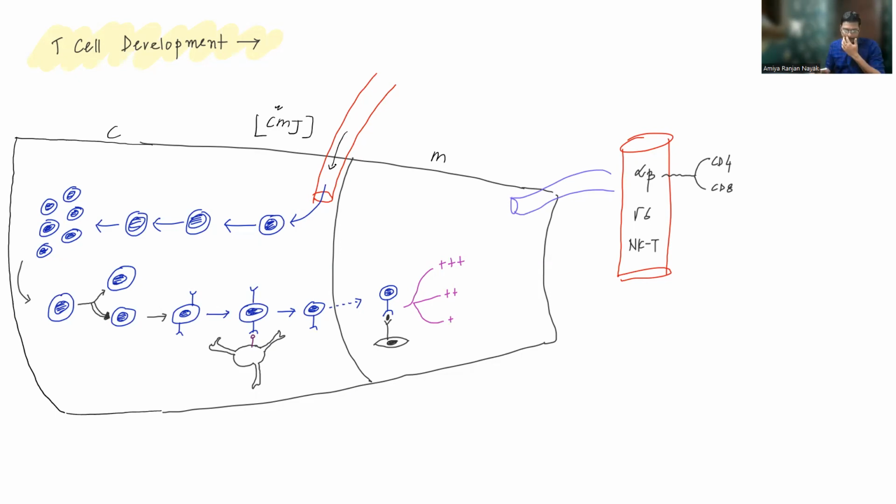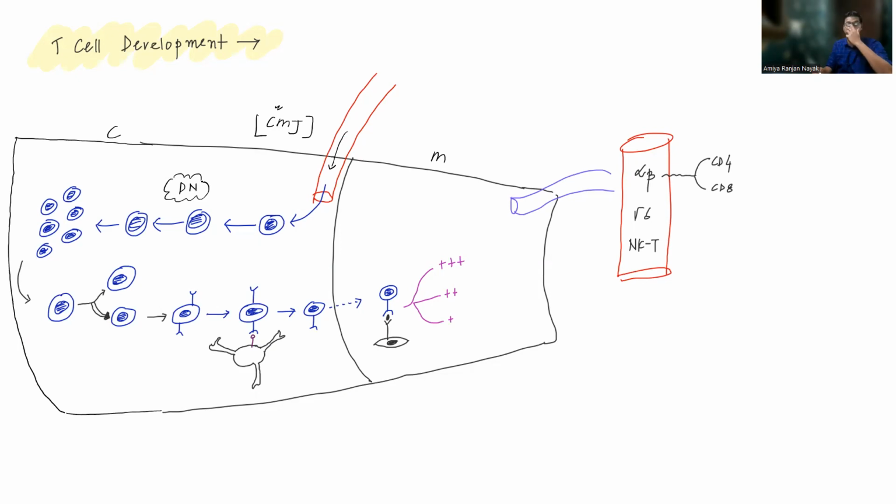Okay. So the most immature T lymphocytes inside the thymus are known as the double negative T lymphocytes. Double negative means these are neither CD4 positive nor CD8 positive.